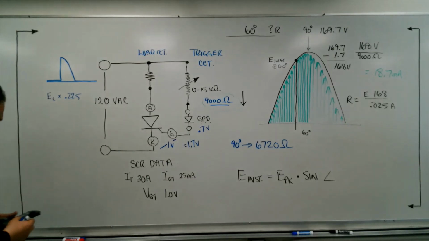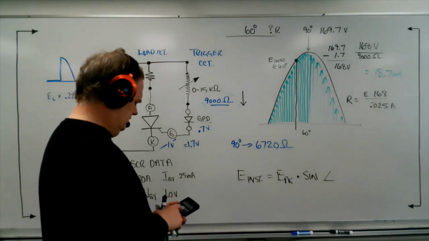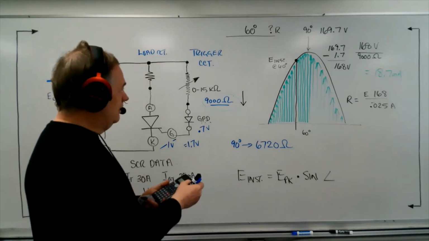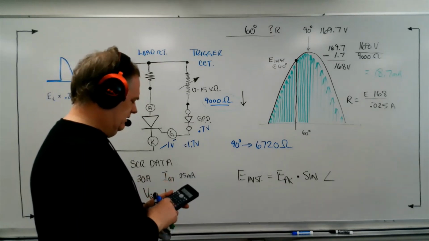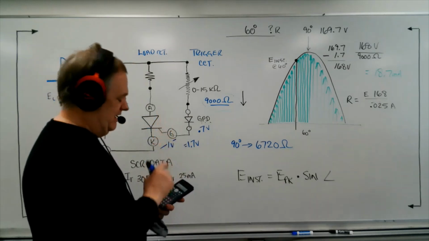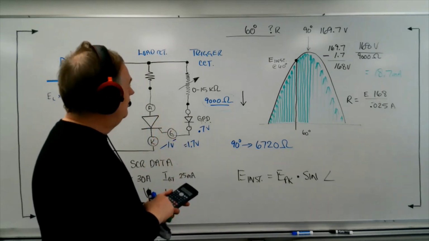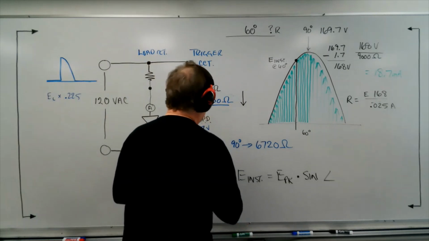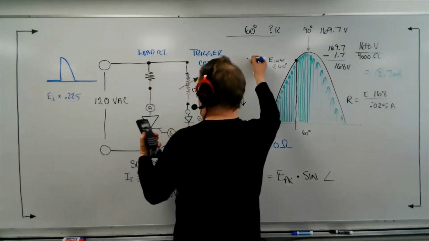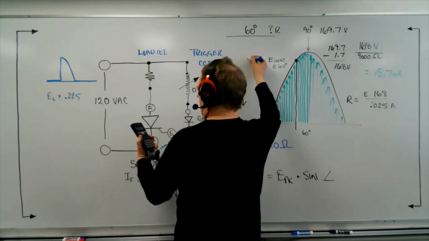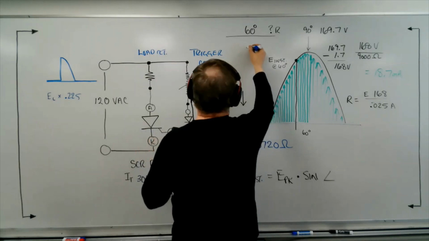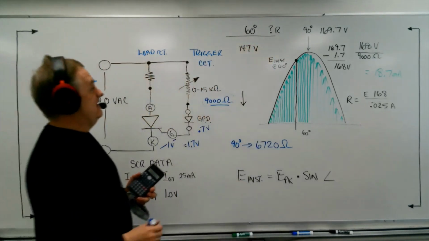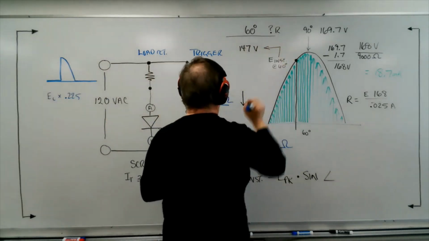Sine 60 equals 0.866, so 0.866 times the peak, which is 169.7. My actual instantaneous voltage at 60 degrees is about 147 volts.